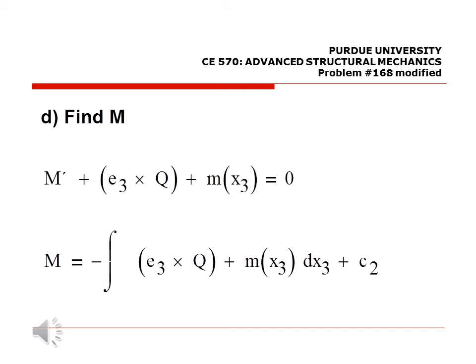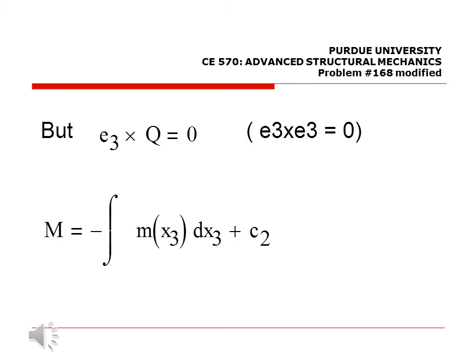Part 4. Find M, the resultant moment over the cross-section. M prime plus E3 cross Q plus Mx equals 0. Rearranging the expression, we get that M equals minus the integral of E3 cross Q plus Mx on dx3 plus the constant C2.